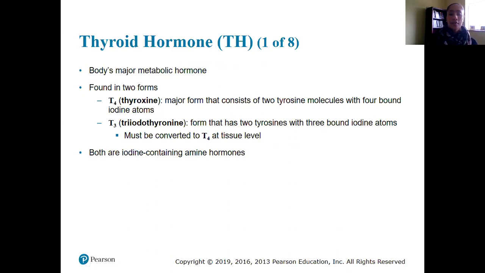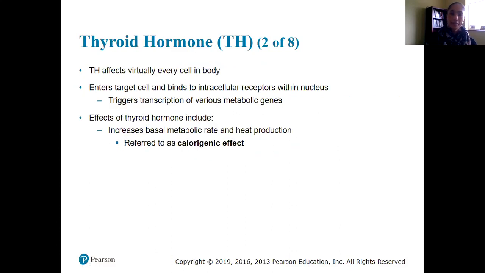And then T3 is a form that has 2 tyrosines with 3 iodine bonds, and must be converted to T4 at the tissue level. So they're basically 2 forms of thyroid hormone, and based on the formation of these 2 will determine how it will function when it gets to certain types of cells.